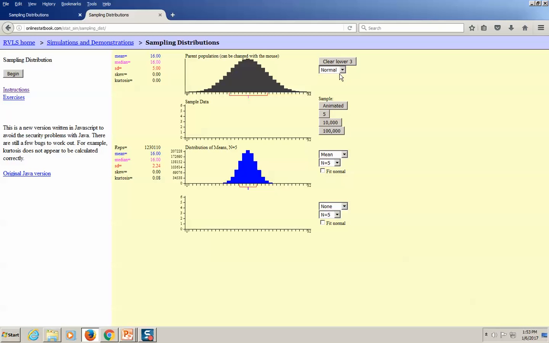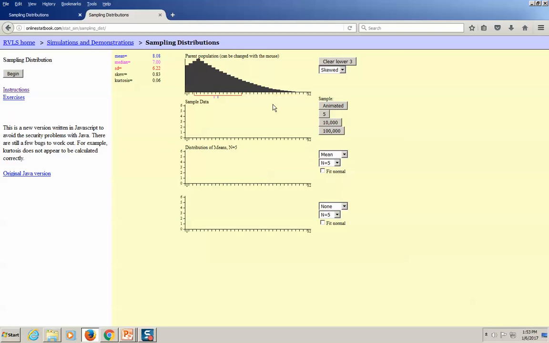And this phenomenon happens no matter what the population looks like, right? We have a skewed distribution here, and again, we can draw samples from that, and we can look at the means. If we do this many, many, many times, the distribution is relatively normal.